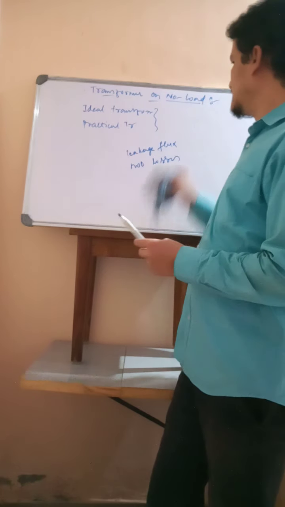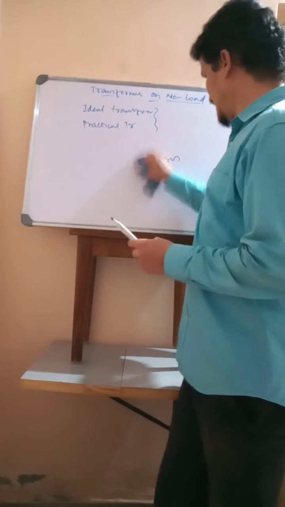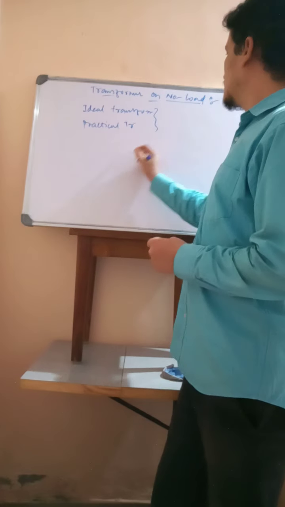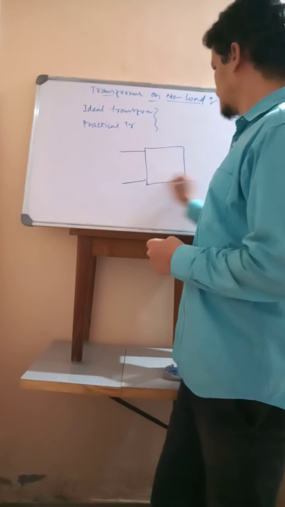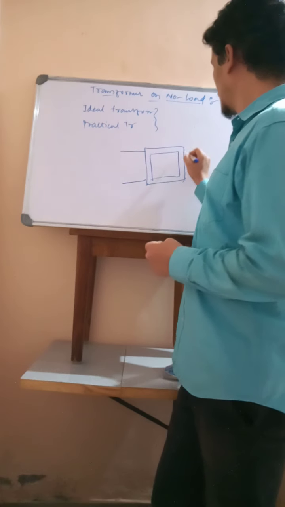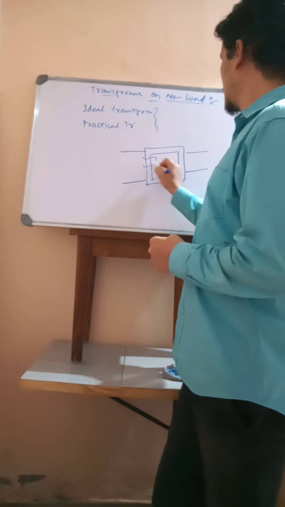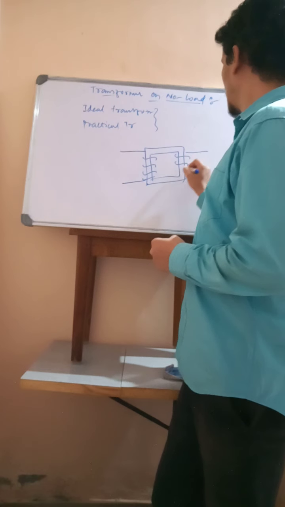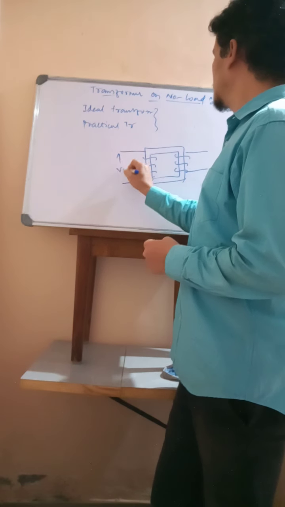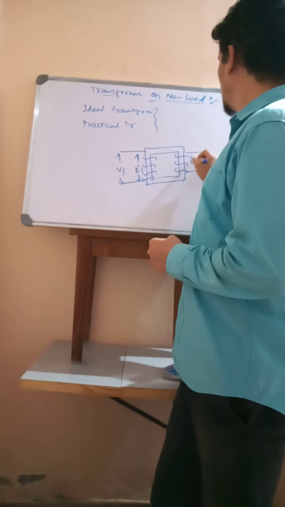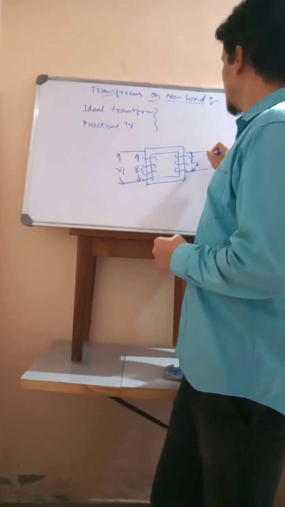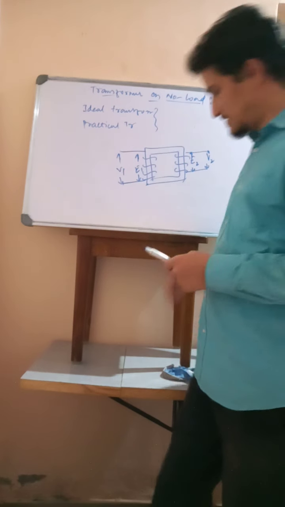So how can I write an ideal transformer? It will look like this. See here, it will look like this simply. So V1 is just equal to E1 only, E2 is just equal to V2 only. So this is what an ideal transformer is.